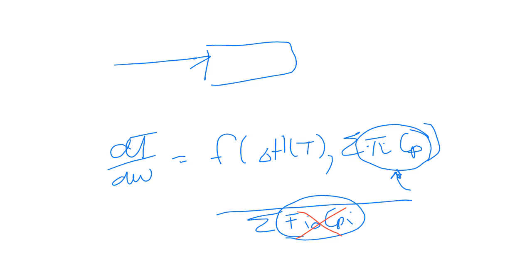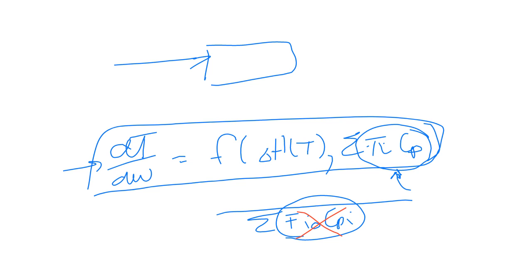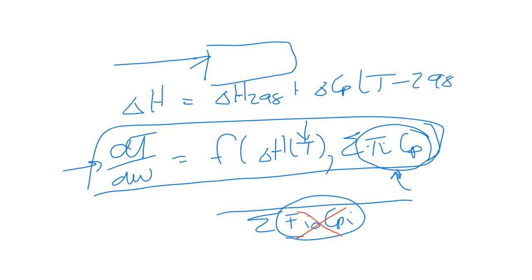So in your function, before you return your differential equation for dTdW, remember you need to calculate the delH that you are going to use in that differential equation, which is equal to delH at 298 plus delCp times the temperature minus the 298 reference temperature. This is the value that gets substituted in there.